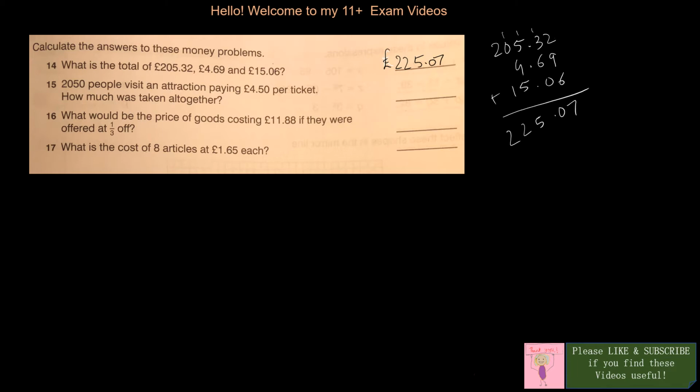Right. So then 2050 people visit an attraction paying 4.50 per ticket. How much was taken altogether? So how much was taken altogether? 2050 multiplied by 4.5.